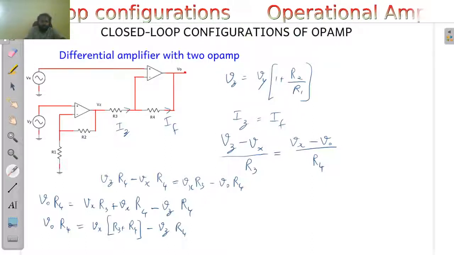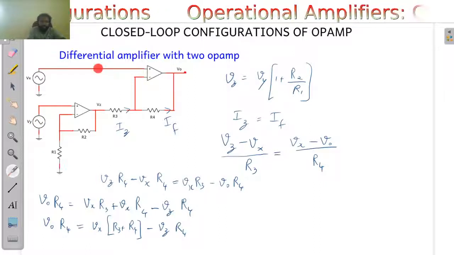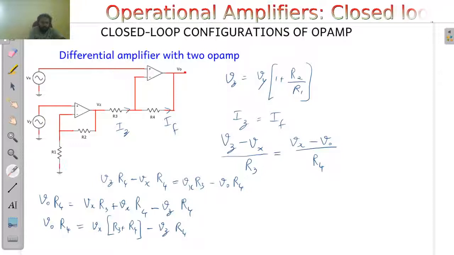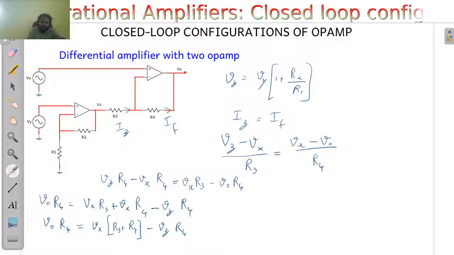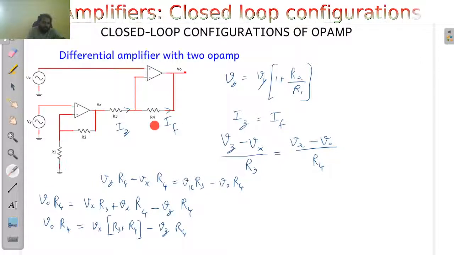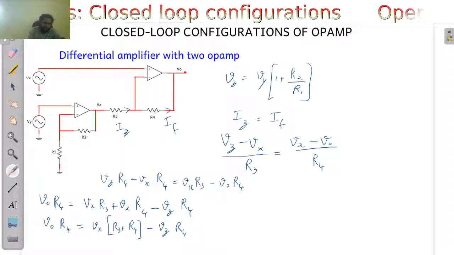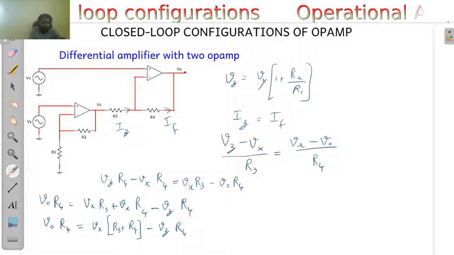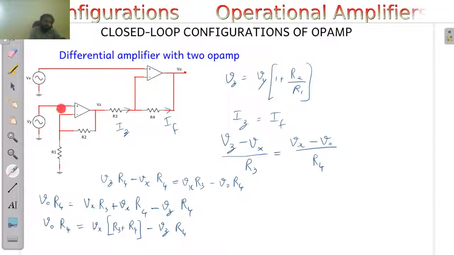The advantage in this case is that both Vx and Vy are applied directly to the input of the operational amplifiers. There are no branches that lead to ground. Both operational amplifiers are effectively in a non-inverting configuration, and hence there is a very high input impedance for both of these.